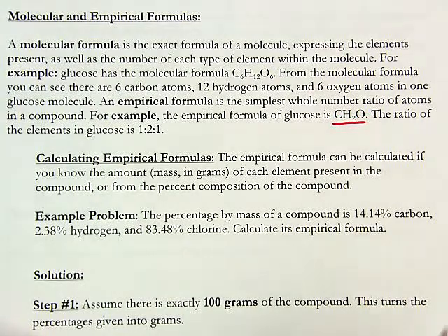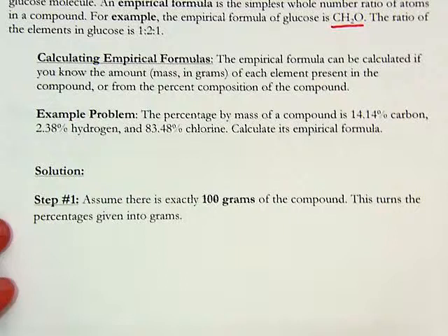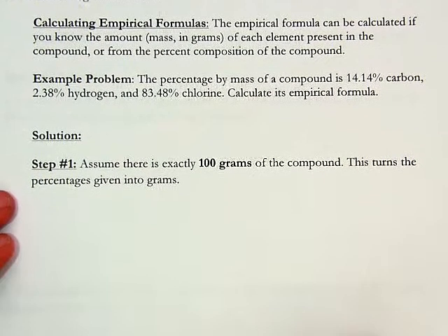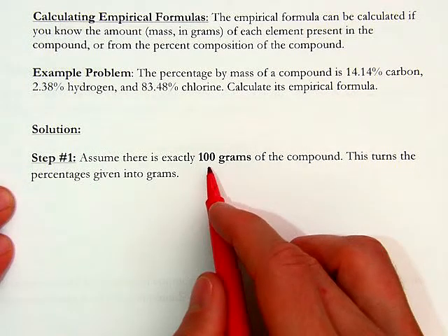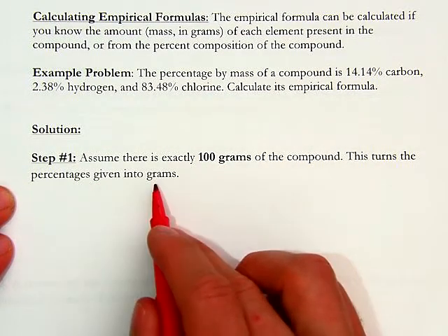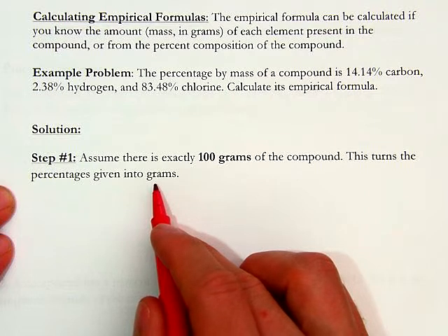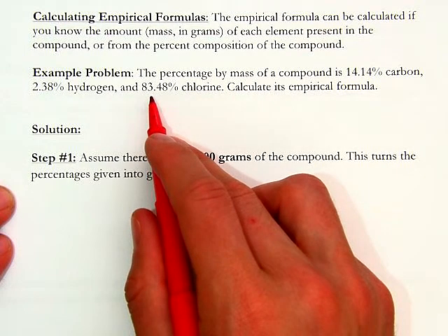So the trick to doing empirical formula problems based on percent composition is to first assume that you have 100 grams of the substance. If you assume that you have 100 grams of the substance, that turns the percentage values into grams, right? If you had 100 grams of something and it was 83% chlorine, that means 83 grams would be chlorine.